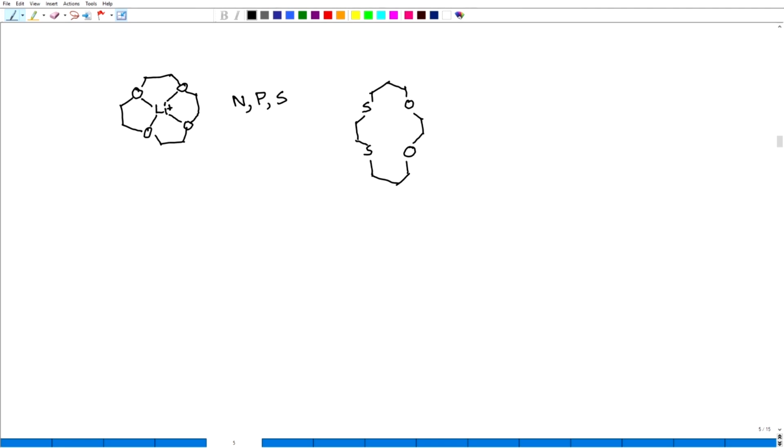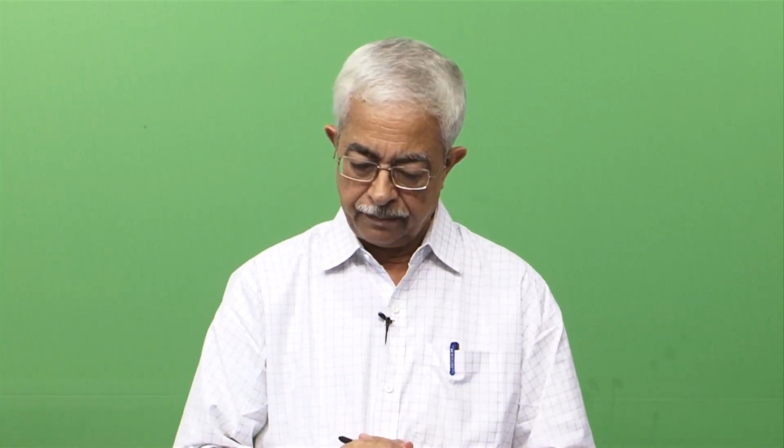There are two aspects: the size of the macrocycle and the nature of the donors. All donors may not be the same, or all donors may be identical. All donors may be different: oxygen, sulfur, nitrogen, or phosphorus.